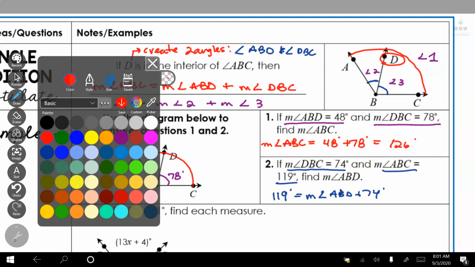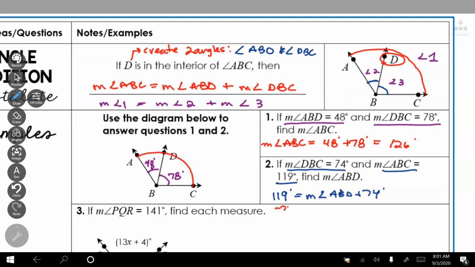And if I just do very simple algebra, I get the measure of angle ABD is equal to 45 degrees. 45 plus 74 will equal the big angle of 119 degrees.